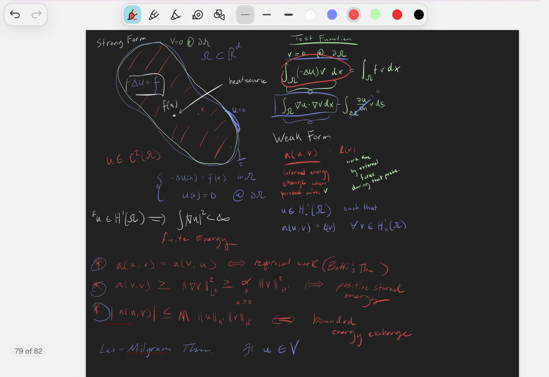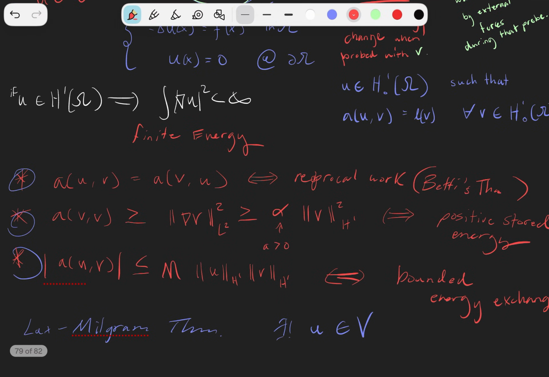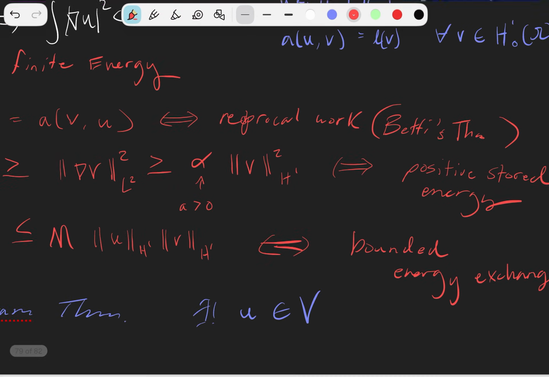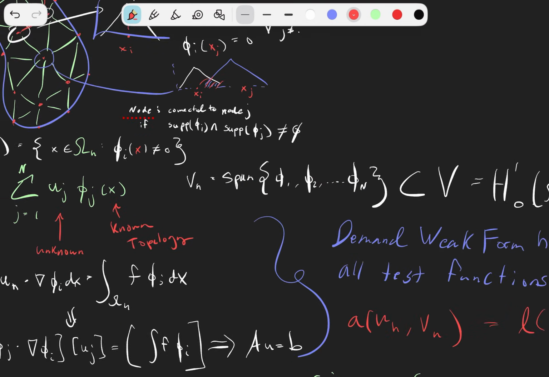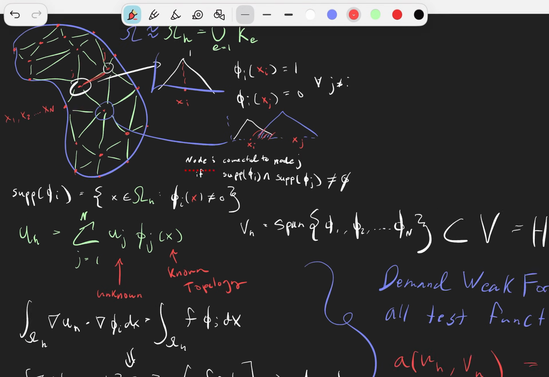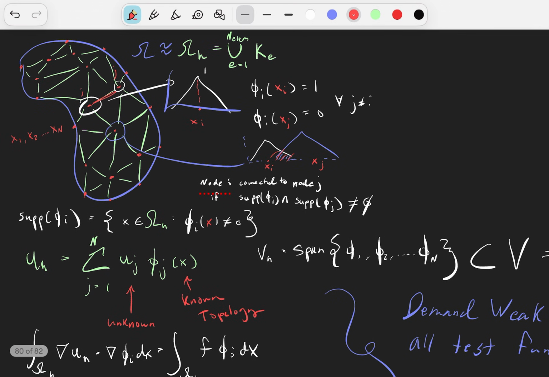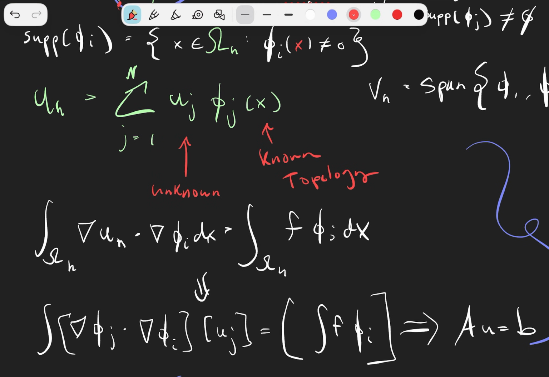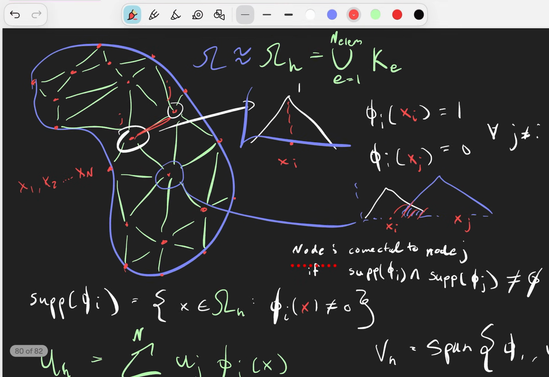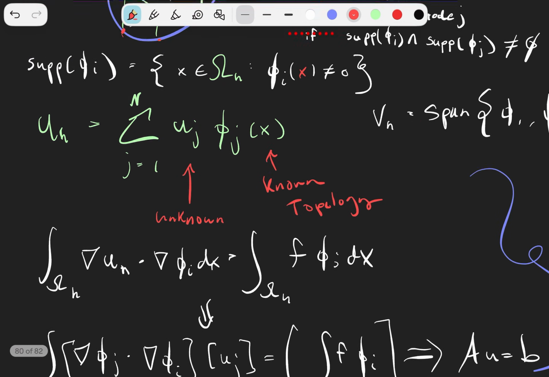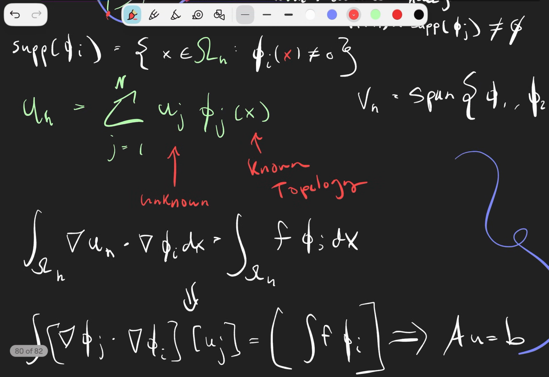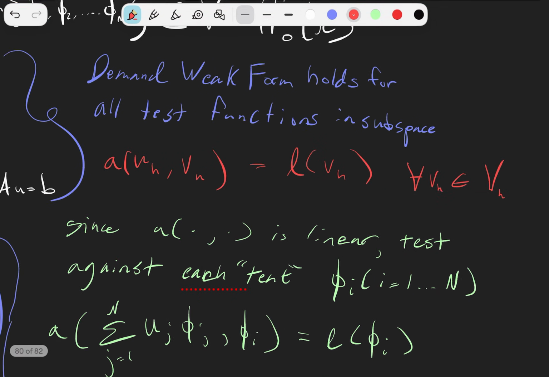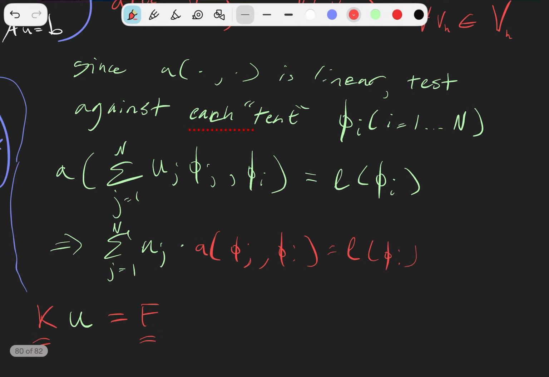And after a series of physical constraints, getting the Lax-Milgram theorem, knowing that there exists a unique solution in that vector space if we have those properties, and then creating a finite element mesh, and guessing that there might be a spectral expansion of the solution in terms of this graph that we have created with some known compact support topology, this allows you to demand a weak form that holds for all test functions in the subspace.